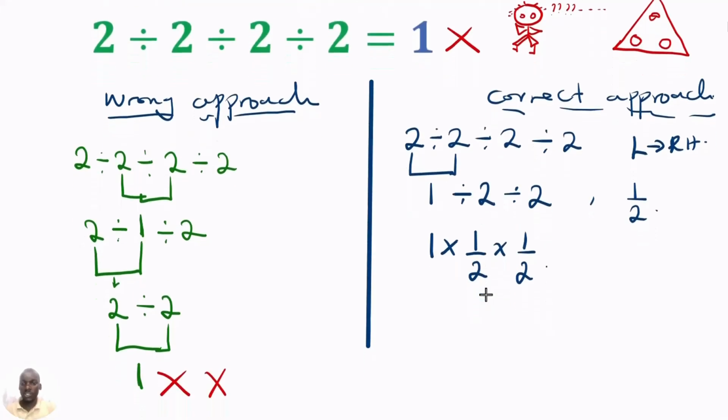From here we are going to simplify, whereby this one is also having the denominator as 1. From here we have 1 multiplied by 1 multiplied by 1 to give us a 1, divided by 1 multiplied by 2 to give us the 2, then the 2 multiplied by 2 to give us the 4. So we have 1 divided by 4 as our correct answer.